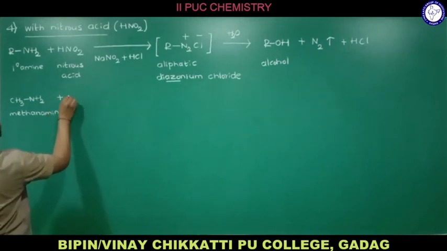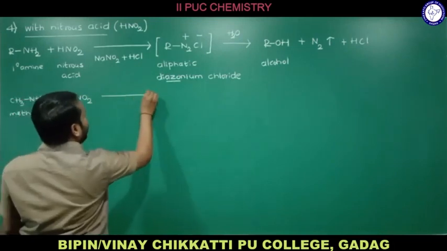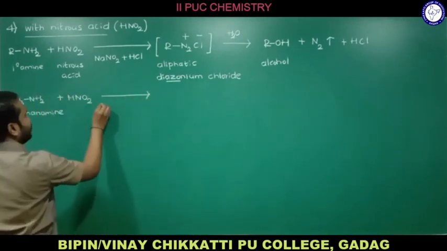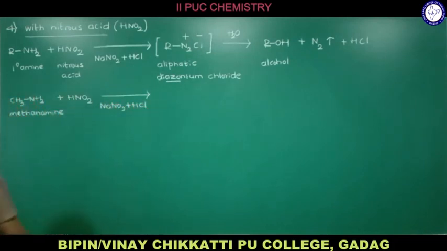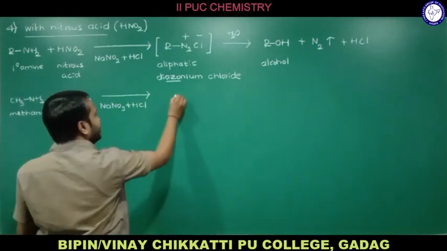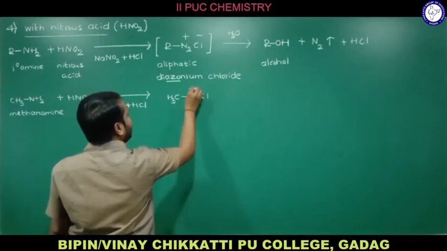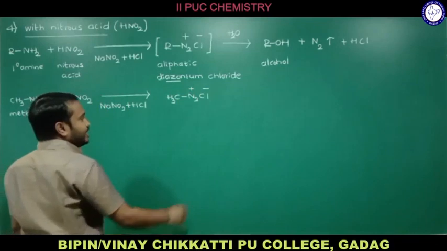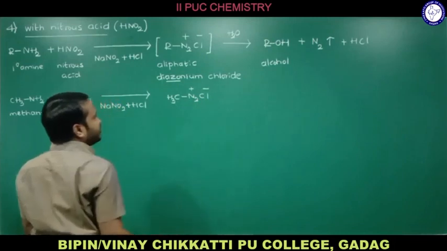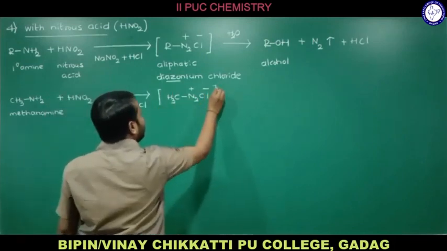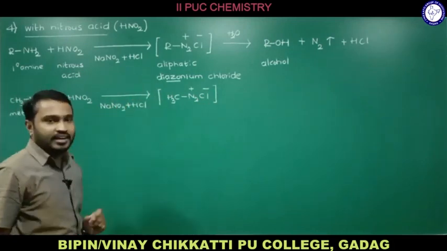When it reacts with nitrous acid, HNO2, which is produced by the combination of sodium nitrite plus hydrochloric acid, we get the unstable product CH3N2Cl, with plus and minus charges. As we know, nitrogen needs three bond pairs, one extra we have, therefore plus and minus, that is nothing but the salt. This is an unstable compound, and you can call it methyl diazonium chloride.